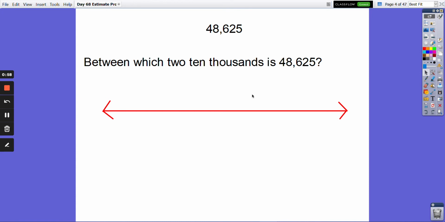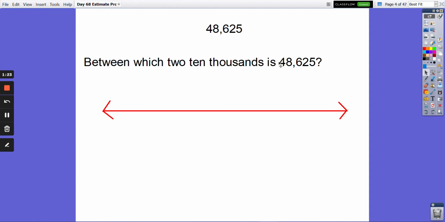Awesome, okay? Between which two 10,000s would 48,625 fit? Okay, so I'm going to look at the place value. Again, my ones, tens, hundreds, thousands. Here's my 10,000s right here. So between which two 10,000s would this number be between?